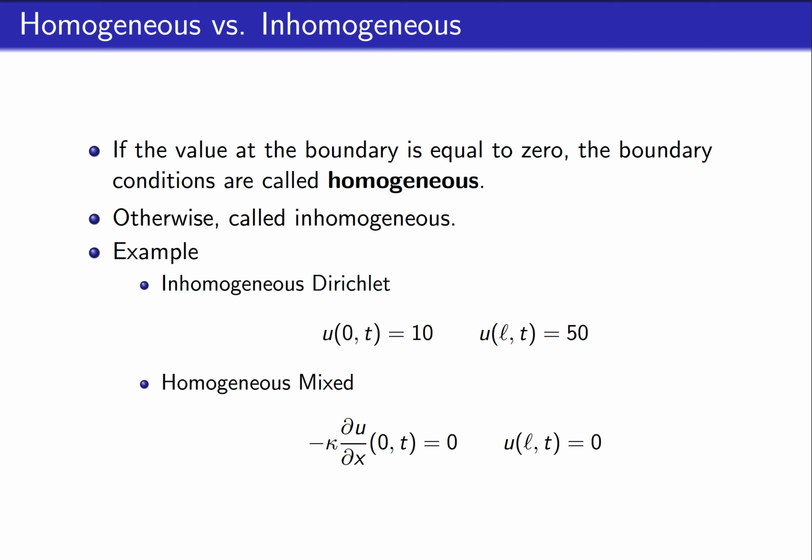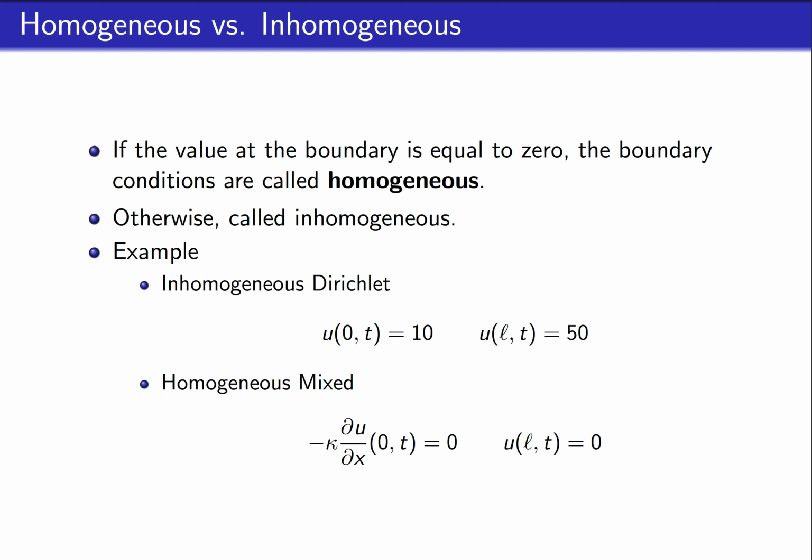Just for one more wrinkle, we also have homogeneous and inhomogeneous boundary conditions. If the value of the boundary condition, either Neumann or Dirichlet, is set to 0, then the condition is called homogeneous. Otherwise, it's called inhomogeneous. We have a couple of examples here. First, we have an example of an inhomogeneous Dirichlet condition. We have the value of the function at x equals 0 being set to 10, and the value of the function at x equals L being set to 50.